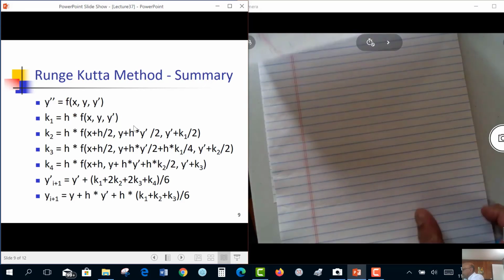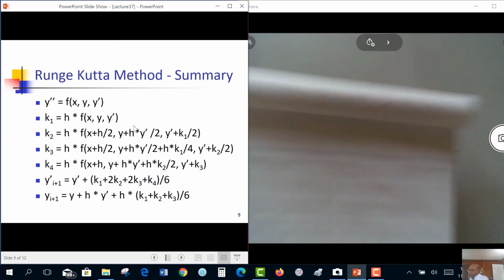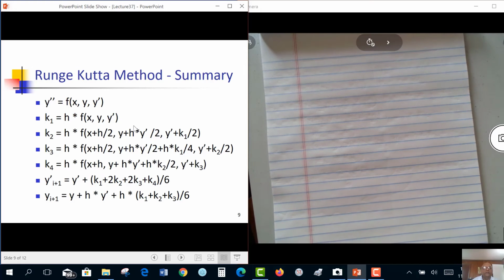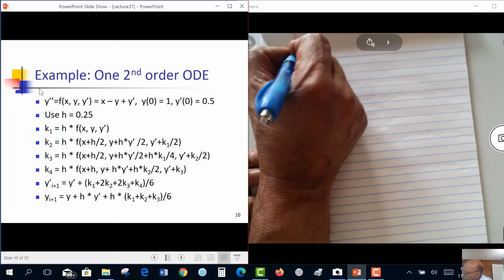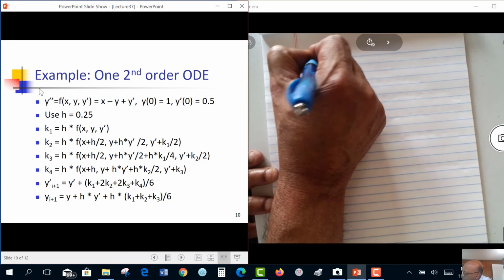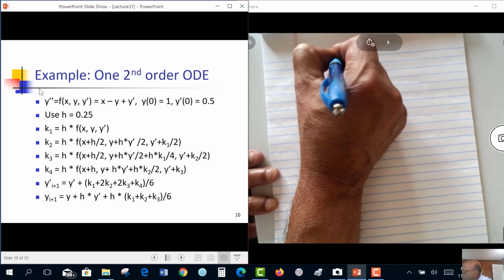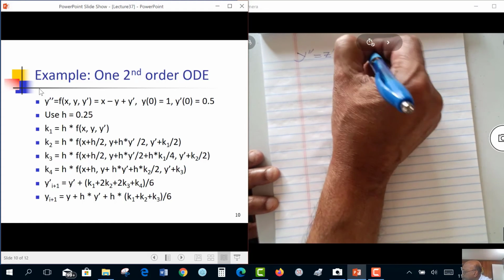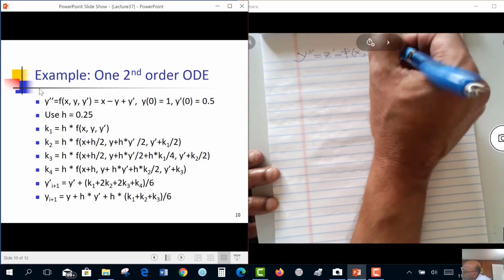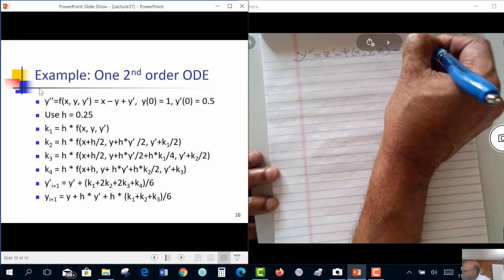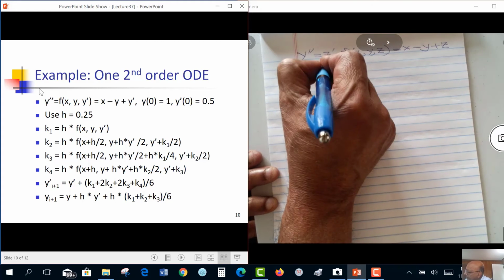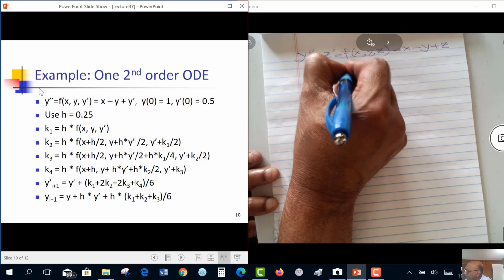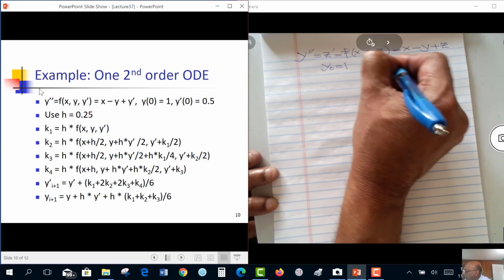So let's do this example problem. So we have our example problem. Remember y double prime, which we know now is z prime, is a function of x, y, z, which is x minus y plus y prime. So it is just z. y0 is 1, z0 is 0.5.